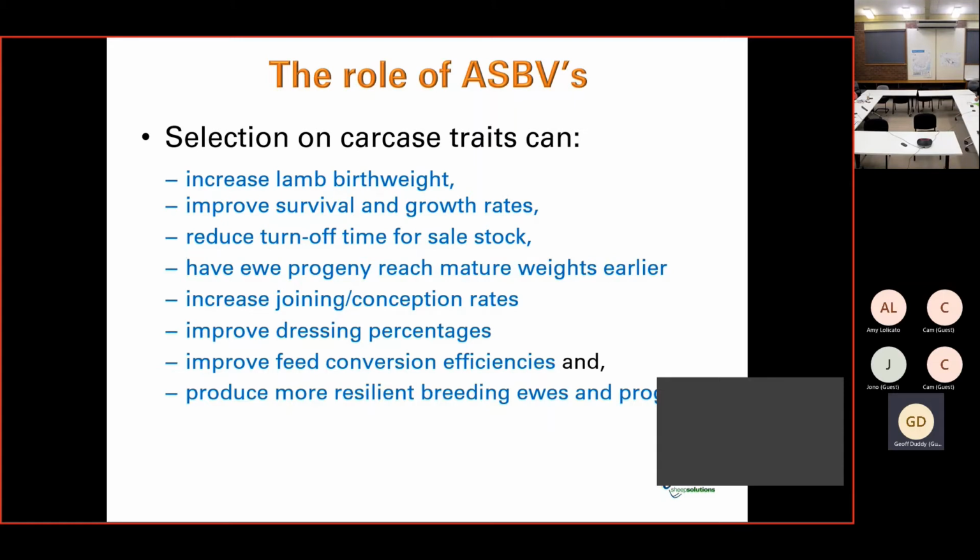And the further we go down the line with climate change, whether you're a skeptic or not, heat does have a big impact on fertility in particular, but it's also going to impact on things like intakes and feed quality. So we have the tools through these ASBVs to help try and produce a more resilient animal that's going to perform under harsher conditions.